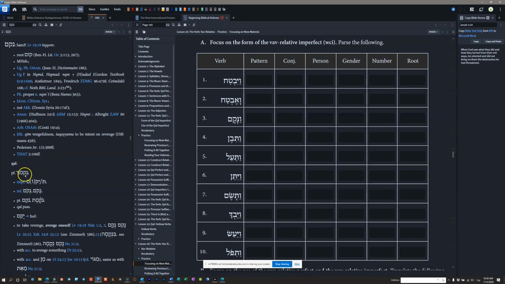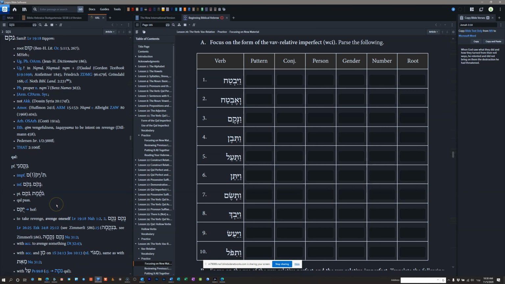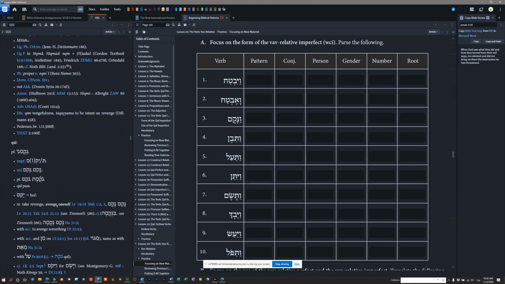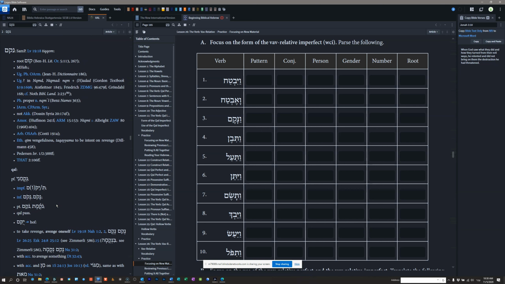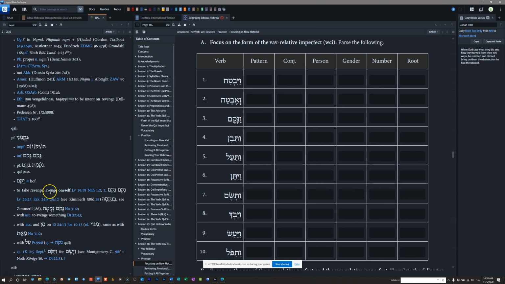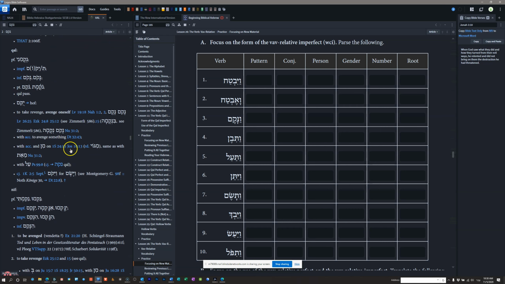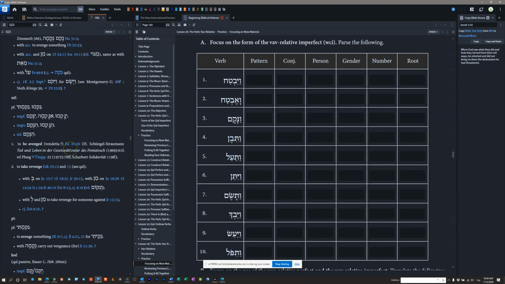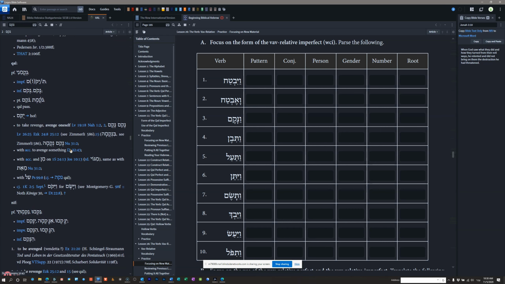And that's not what I get here. I get qamets qamets. So let's just look through here and see if we can make sense of this. None of these forms that I'm getting for nakam really seem to fit. Nakam itself means to take revenge or to avenge oneself, at least in the qal. But the forms don't quite make sense.